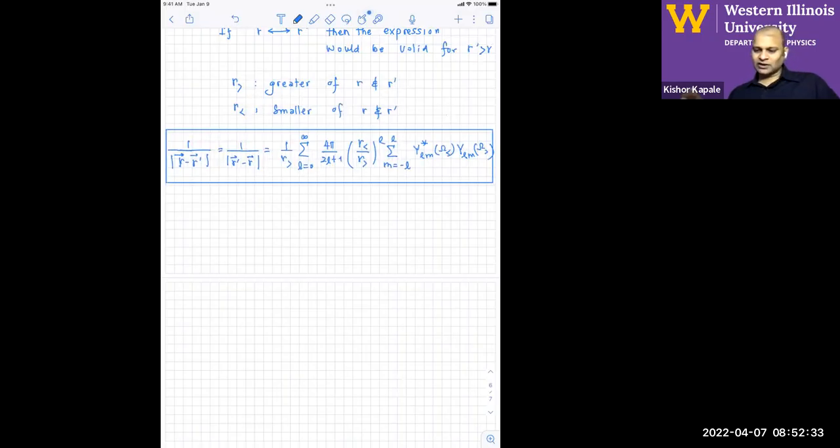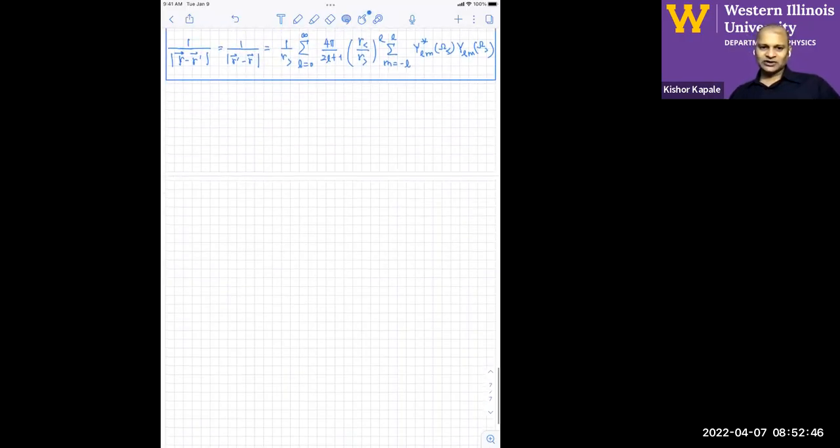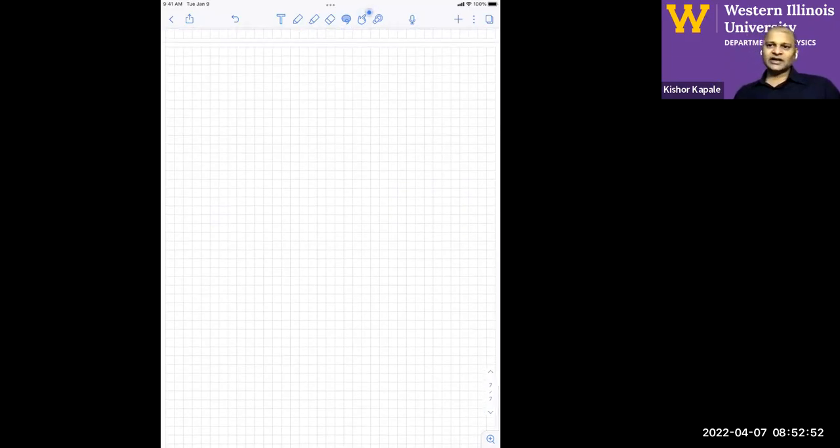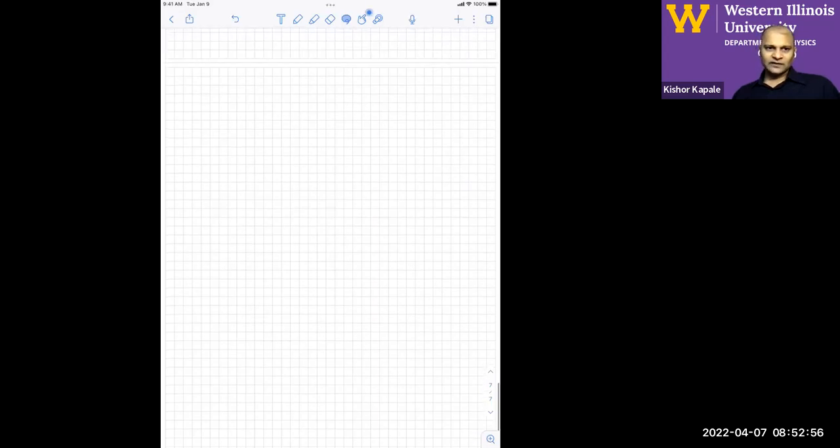Okay, so let's make use of it, right? Without making use of it, you won't really see the power and the usefulness of it. So let's apply this to our first the multipole expansion problem, and then we will look at something called the interior expansion and exterior expansion. So this is the advantage of doing this.